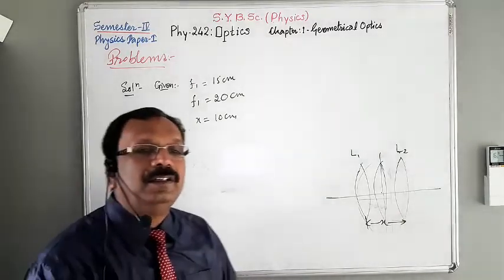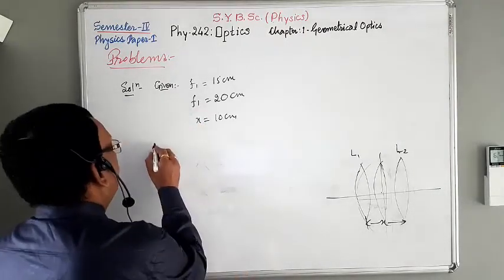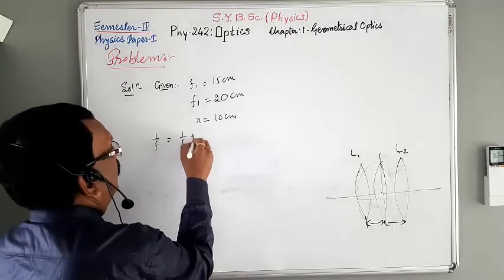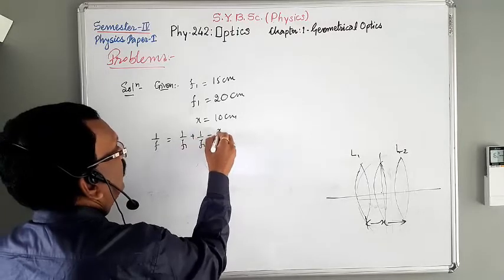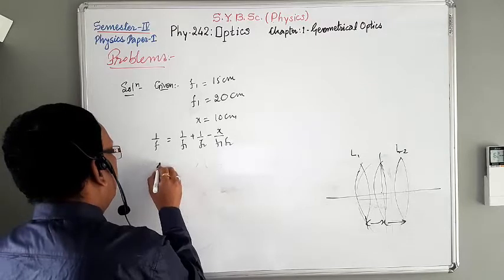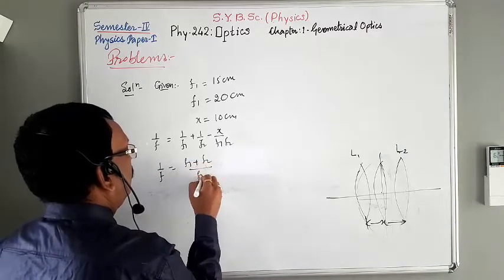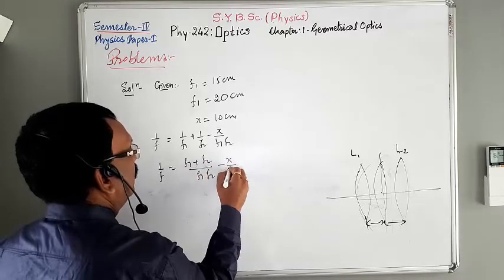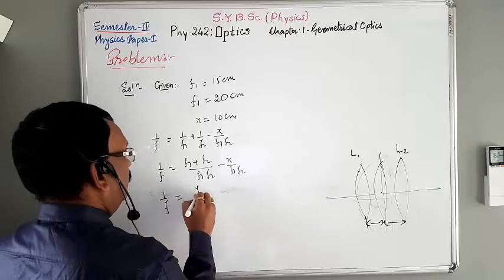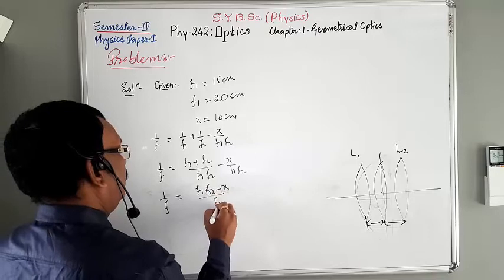Now in order to calculate the equivalent focal length, we have 1 upon f is equal to 1 upon f1 plus 1 upon f2 minus x upon f1 f2, or 1 upon f is equal to (f1 plus f2) upon f1 f2 minus x upon f1 f2, or 1 upon f is equal to (f1 plus f2 minus x) upon f1 f2.